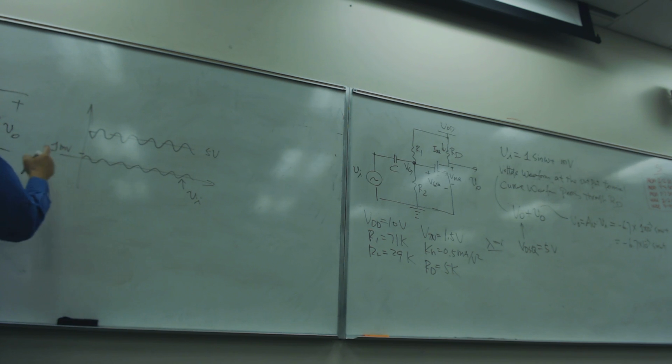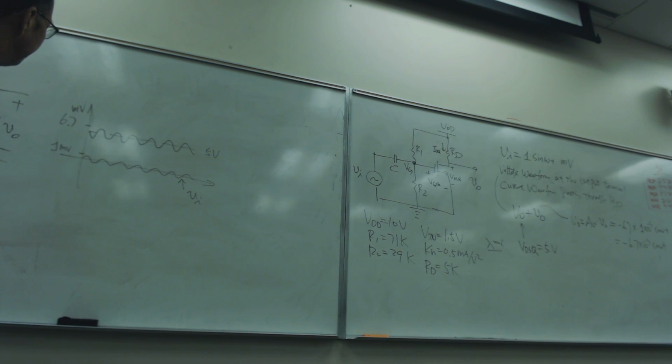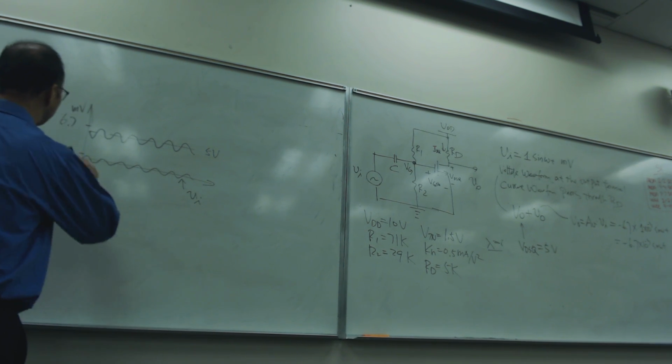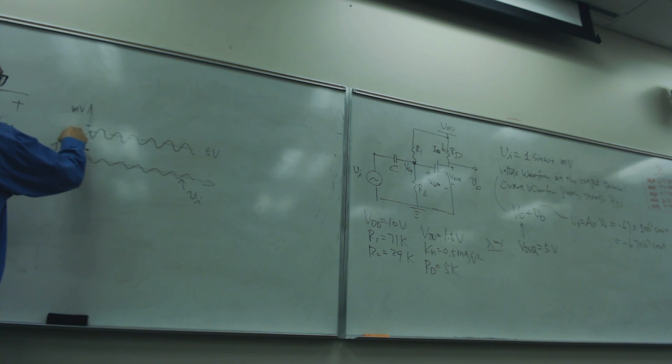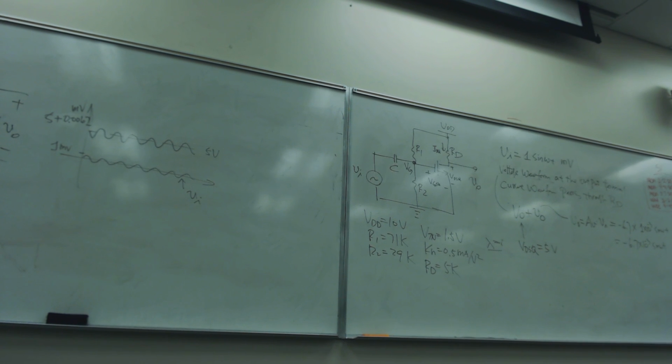It has a phase difference. And the maximum should be about 6.7 millivolt. So this value should be 5 plus 0.0067, correct? This value right here. And then you know what this value is, right? It's 5 minus that.